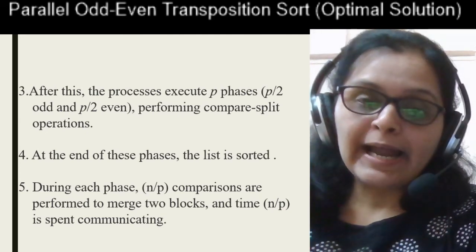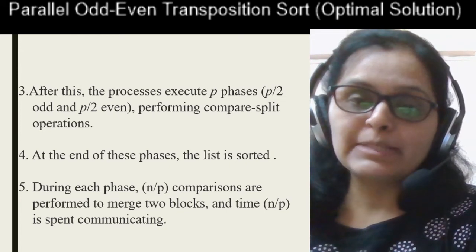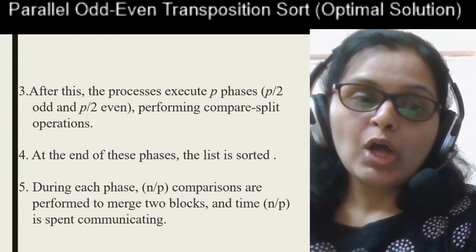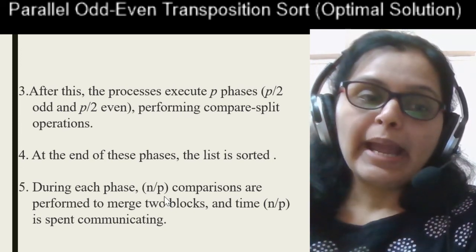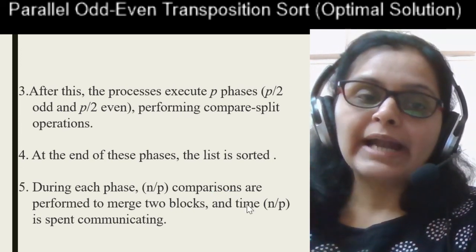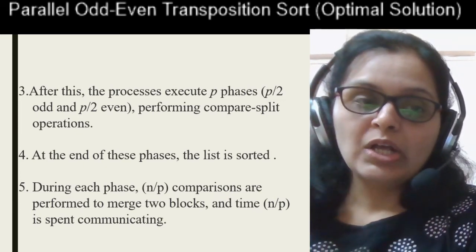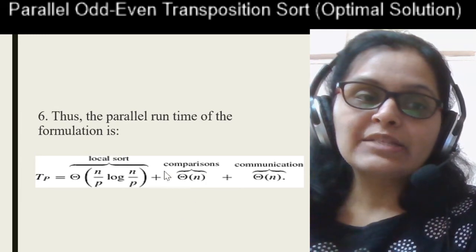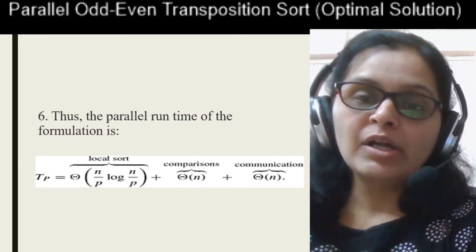After that, phase by phase compare and split operations take place. Per phase, whether odd or even, n by p comparisons are performed to merge two blocks, and n by p time is spent in communicating. All this will add up in calculating the parallel runtime of this algorithm.